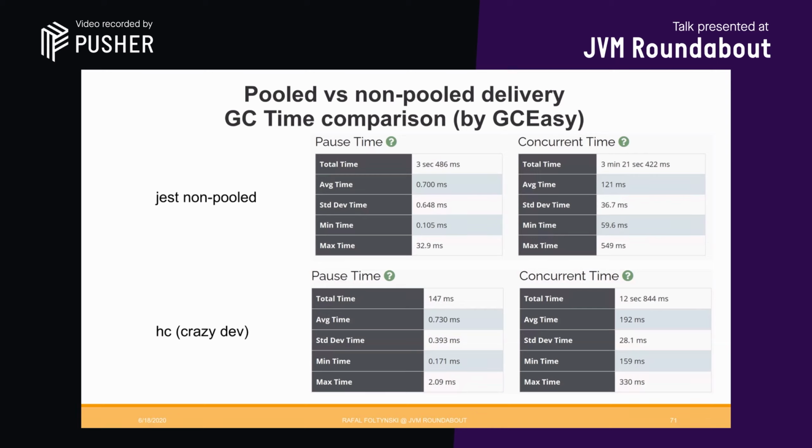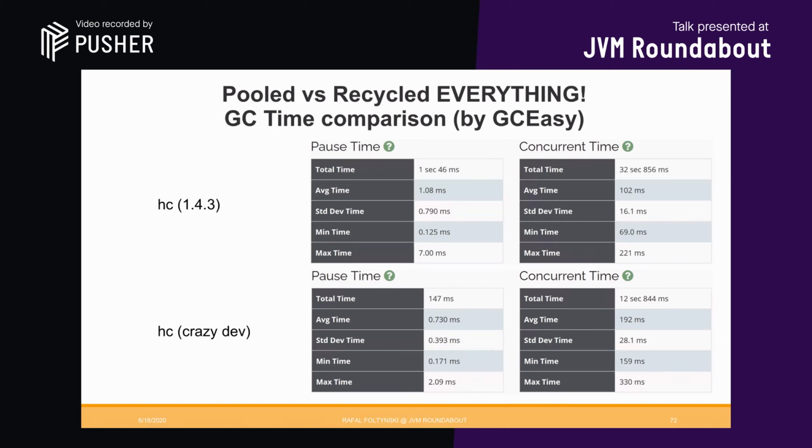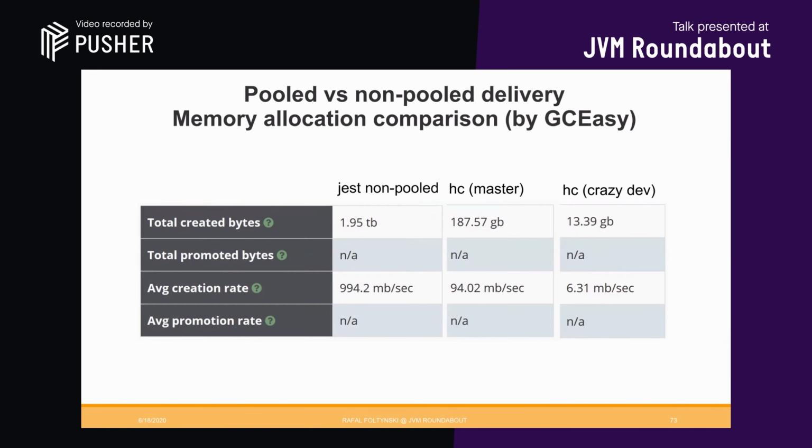It's just the rate of GC that is much lower that causes this difference to be so big. And this is the comparison of the current master HC module, latest release, 1.5 seconds roughly. The average time spent on GC was a bit higher. I don't know why. I need to track it down. But overall, a lot of stuff checks out.